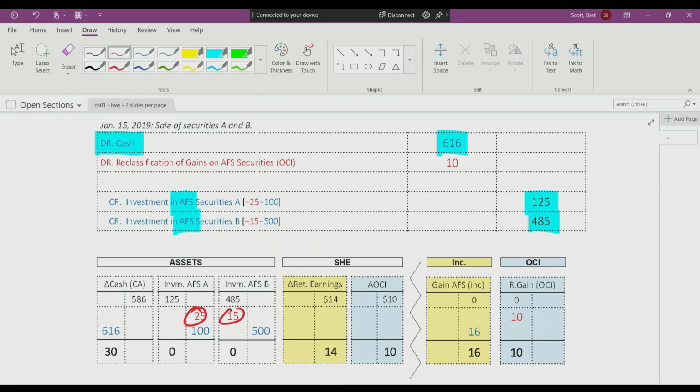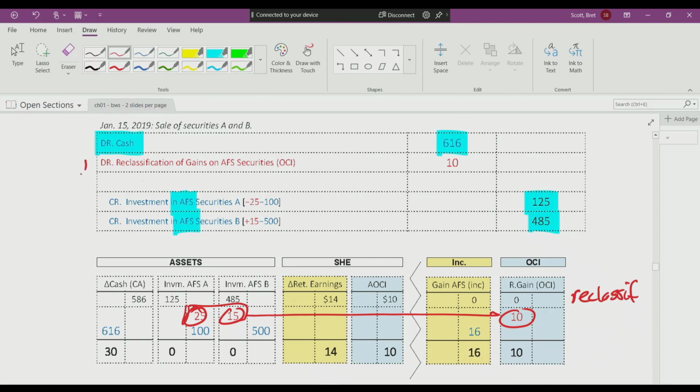Reverse it back to whatever the cost basis was. If we do that, we can see that in this case we have a net credit of 10 over here. We need a debit of 10 under what's called a reclassification of gains on available for sale securities.